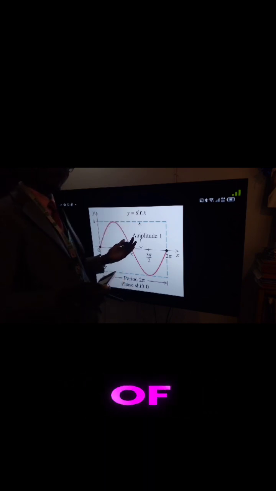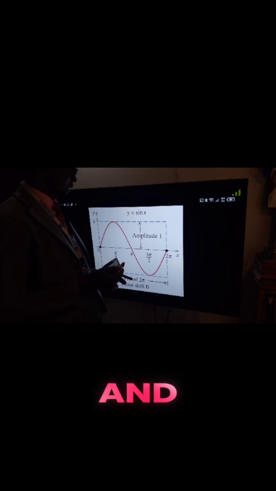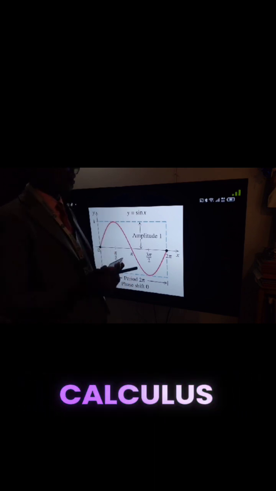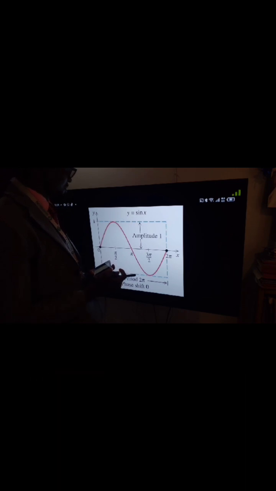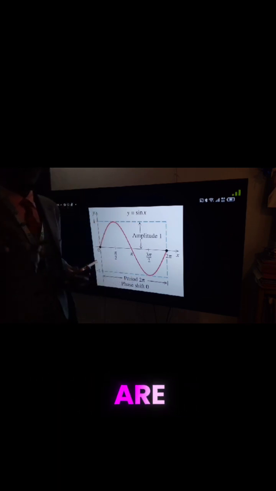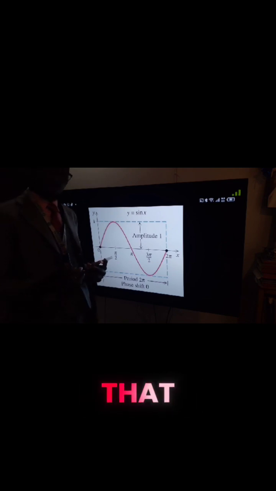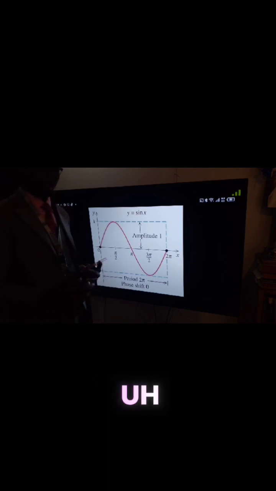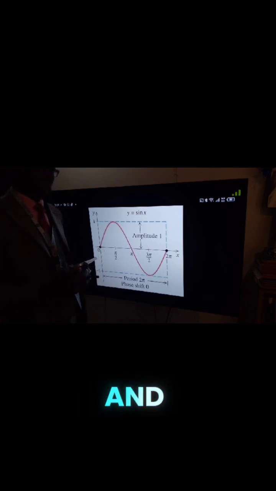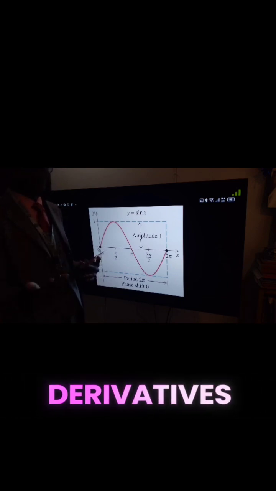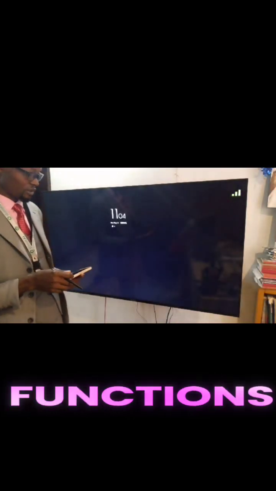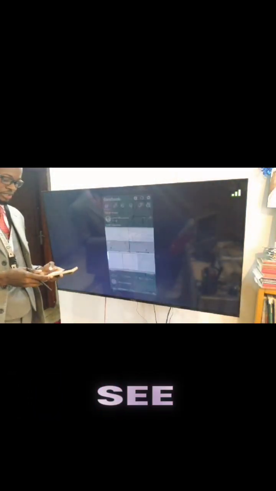This is a graph of functions, and we are looking at calculus and its notations. There are different kinds of graphs that we have seen in computations and maybe in derivatives of different functions, as you can see.